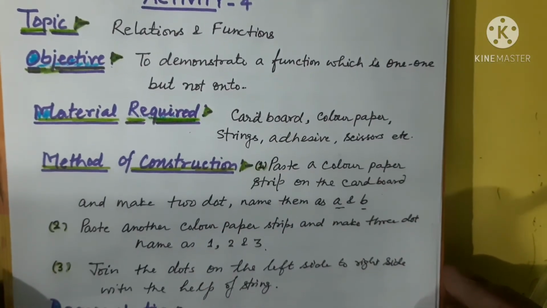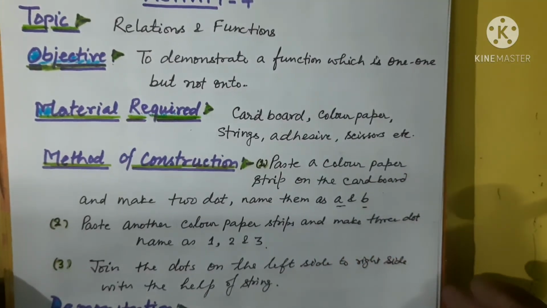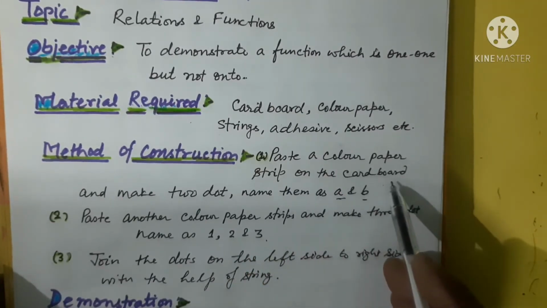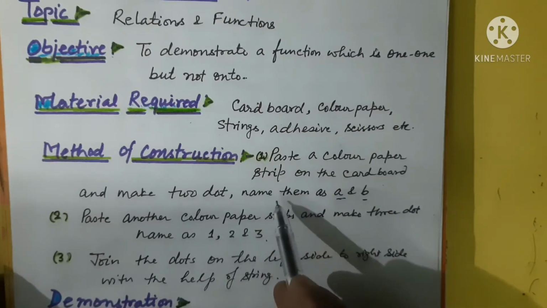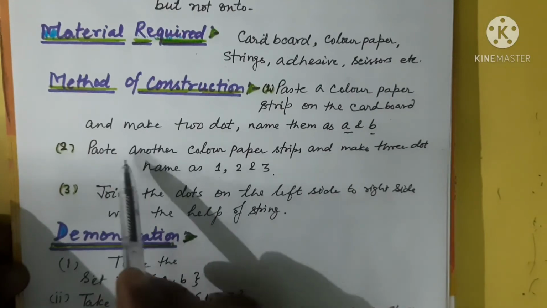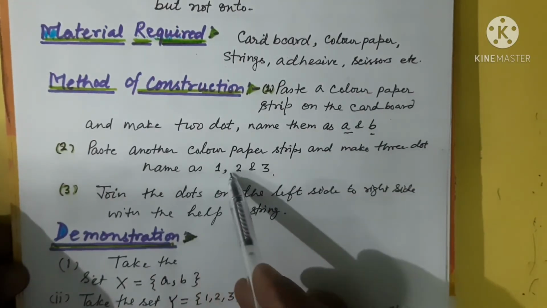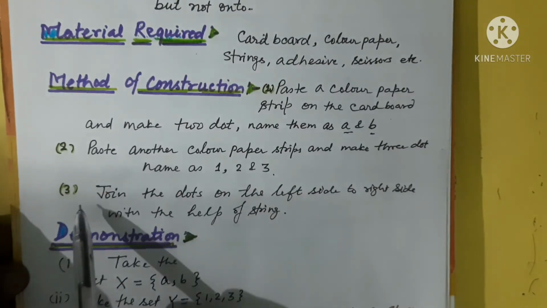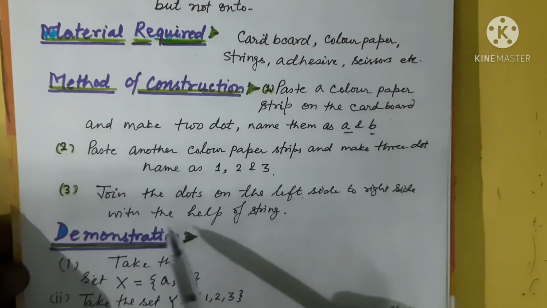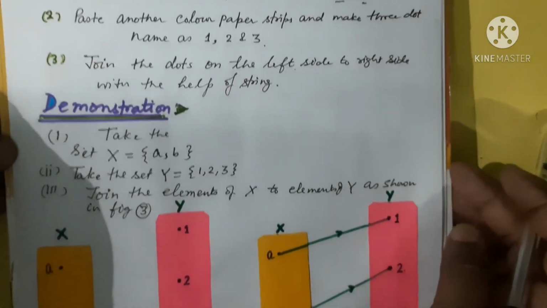Material required: cardboard, color papers, strings, adhesive, scissors, etc. Method of construction: paste a color paper strip on the cardboard and make 2 dots, name them A and B. Next, paste another color paper strip and make 3 dots, name them 1, 2 and 3. Third, join the dots on the left side to the right side with the help of a string, whose demonstration is shown here.